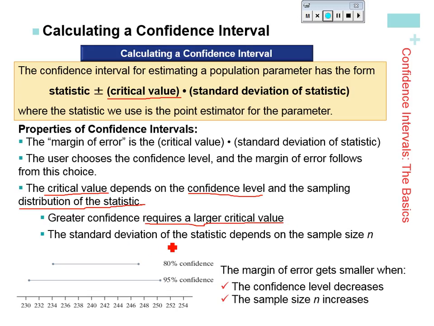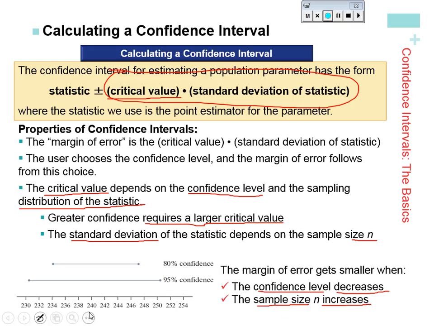The standard deviation of the statistic depends on the sample size. So just remember, bigger sample sizes result in a lower value for the standard deviation. So the margin of error, when I multiply these two, gets smaller when the confidence level decreases and the sample size increases. And we'll get into looking at how your confidence interval changes as a function of both the confidence level and the sample size as we get into some more examples.